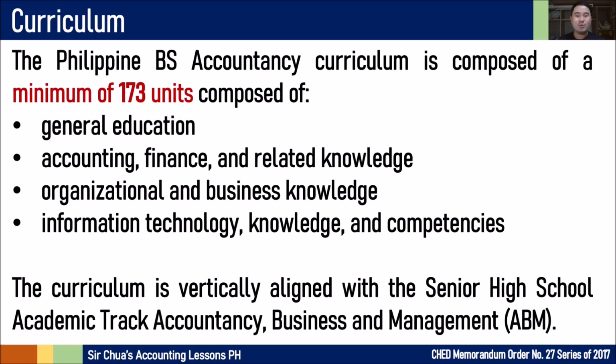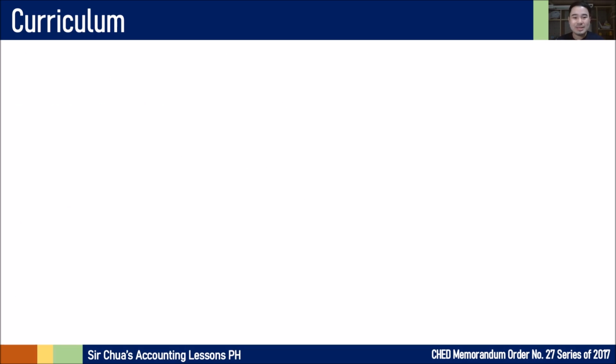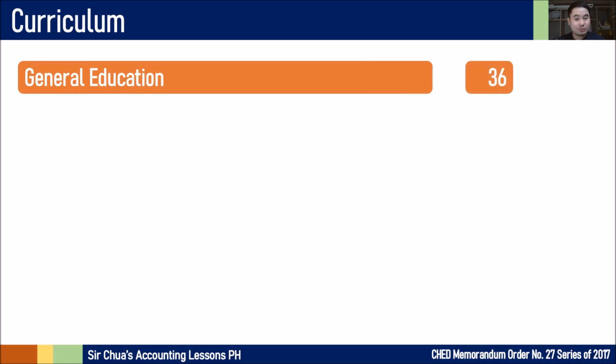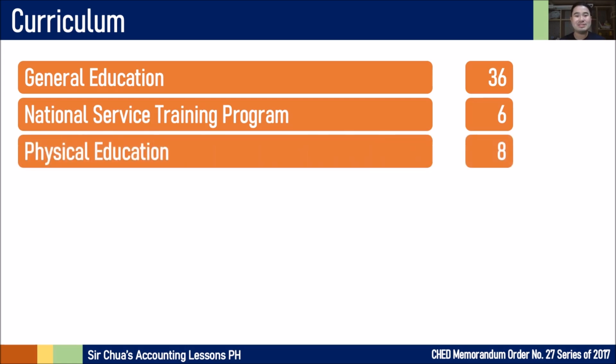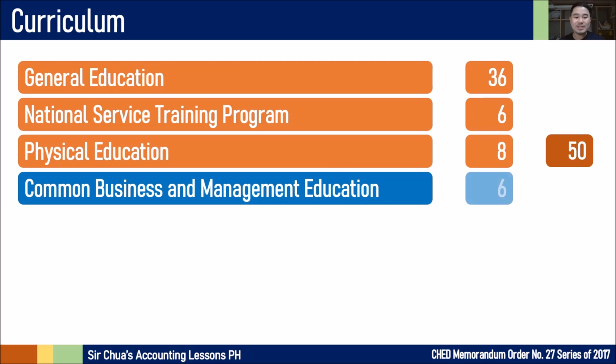Okay. Sir, what is composed of those 173 minimum units? Eto na. Okay. You will be taking up 36 units of general education courses, 6 units of the National Service Training Program, and 8 units of physical education. Subtotal is 50 units. And then, for you as BS Accountancy students, ito na yung mas related sa inyo. You have 6 units of common business and management education.